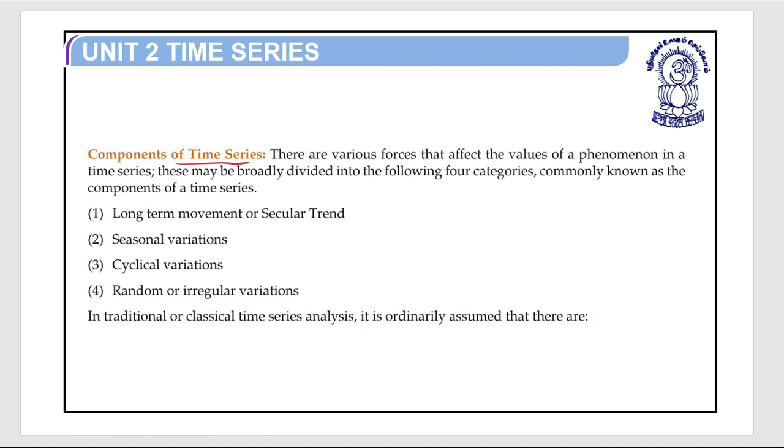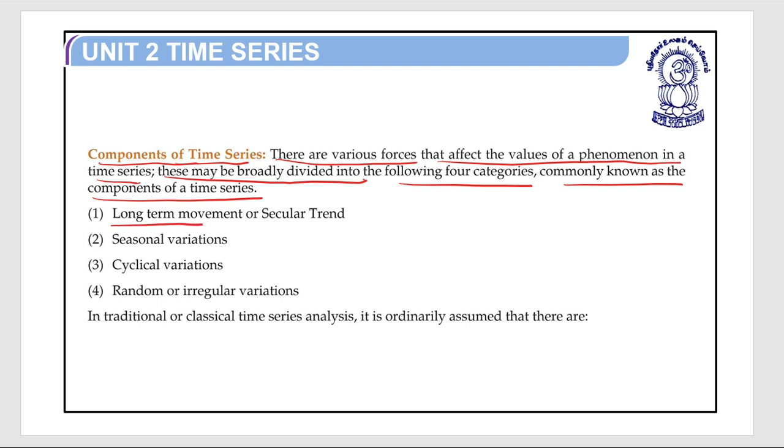Components of time series. There are various forces that affect the value of a phenomenon in a time series. These may be broadly divided into the following four categories, commonly known as the components of a time series. First is long-term movement or secular trend.